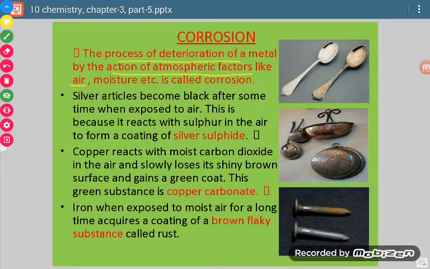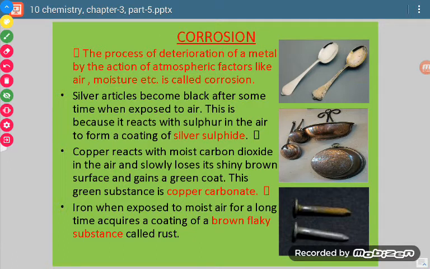Air is there, moisture is there, some dissolved gases are there like carbon dioxide. Sometimes there is presence of acid also in the form of acid rain. So all these factors are responsible for deterioration of metal, and that deterioration of metal is called corrosion.